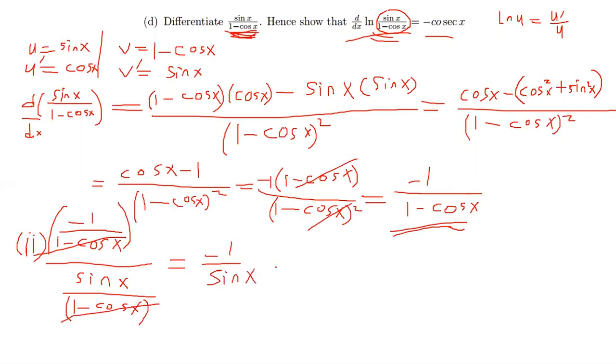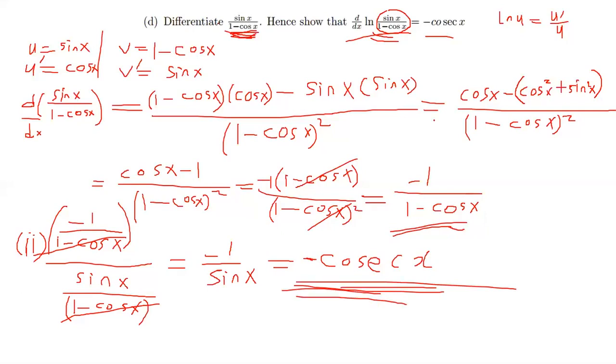So this, in other words, can also be written as negative cosec x, hence solved. So this is what they wanted us to show here. So we can say hence shown. You can even write down here hence shown.